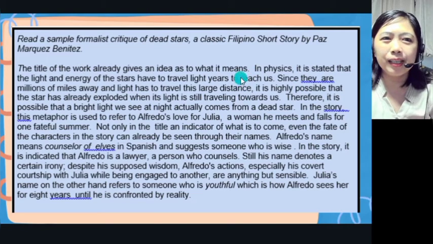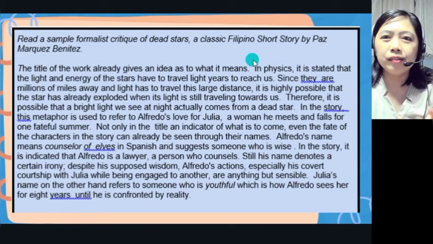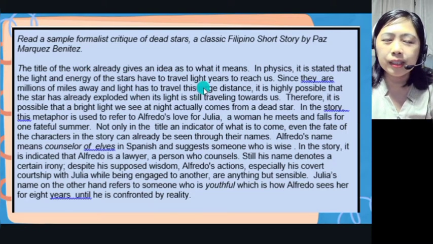Okay, this is the example. I hope I can read the whole thing to you. Okay, so this is an example formalist critique based on the story or the material Dead Stars, a classic Filipino short story by Paz Marquez Benitez. The title of the work already gives an idea as to what it means. In physics, it is stated that the light and energy of the stars have to travel light years to reach us.